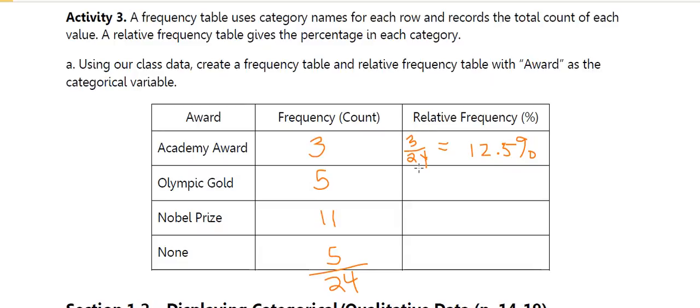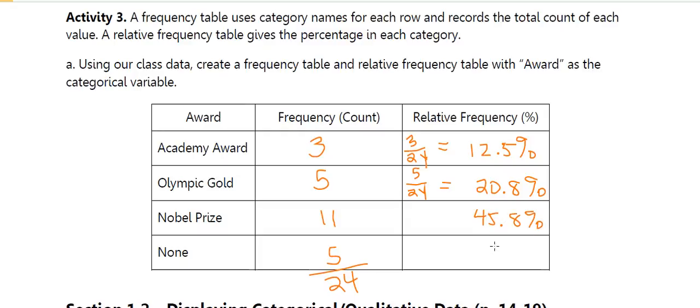Similarly, for a gold medal, we would take 5 out of 24. And that comes out to 20.8%. These might be rounded off, I can't remember. Nobel Prize was 45.8%.